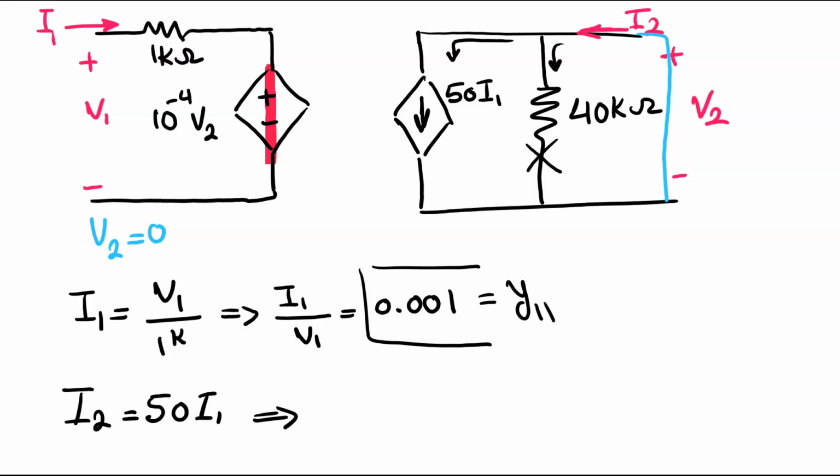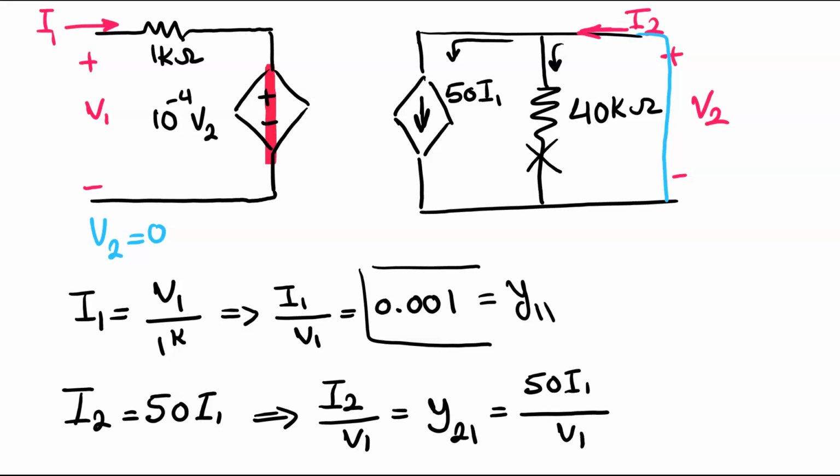So I2 is going to be equal to 50 I1. Now, to describe I2 over V1, which is equal to our Y21, I'm going to have 50 I1 divided by V1. Instead of I1 over V1, I can replace it by 0.001.